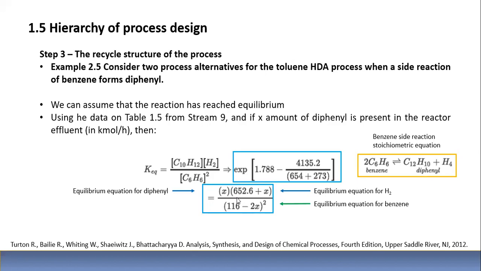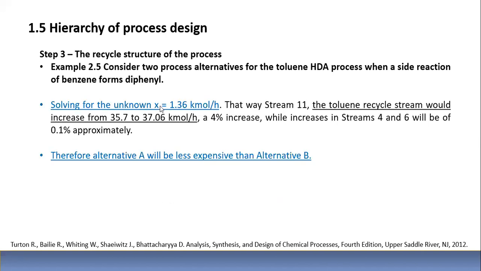So this is set equal to this, and then solved for x. This is the equilibrium equation for hydrogen, the equilibrium equation for benzene, and this x is the equilibrium equation for diphenyl. So solving for the unknown, x is equal to 1.36 kilomoles per hour.